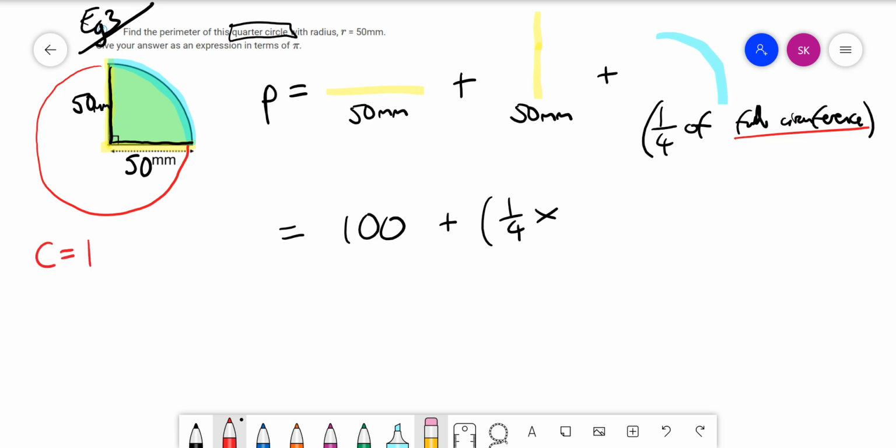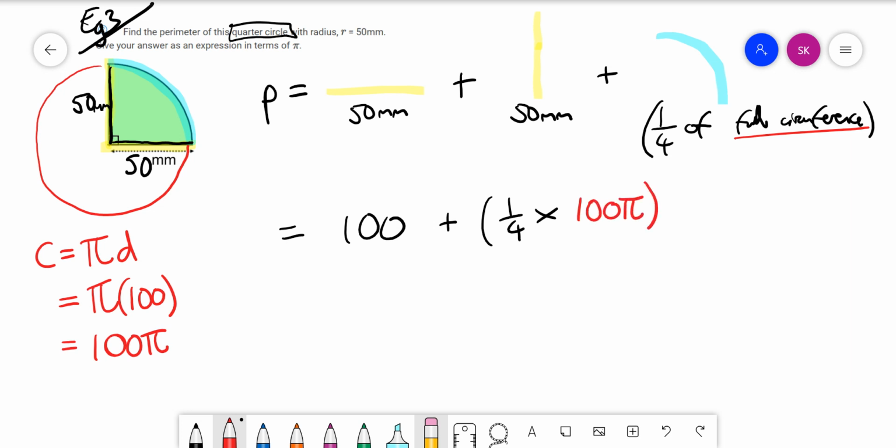So circumference is the distance around a circle. How do we find it? Pi times d. The radius is 50, so therefore the diameter is double that, 100. So the full circumference is 100 pi millimeters. A quarter of 100, or a quarter times 100, is 25.